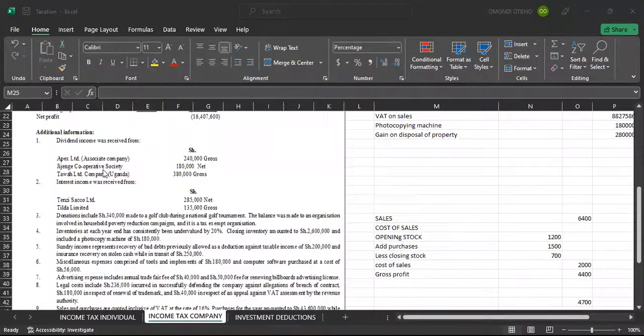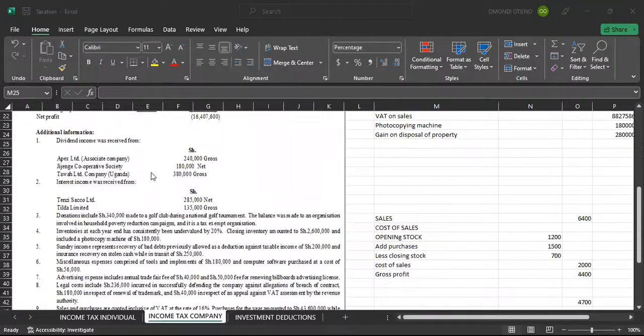So we now get to this place under additional information number 1. Dividends income received from Apex Limited, an associate company.